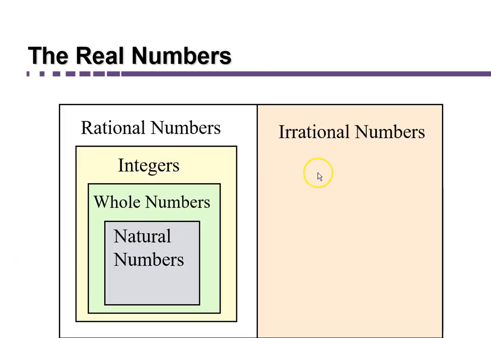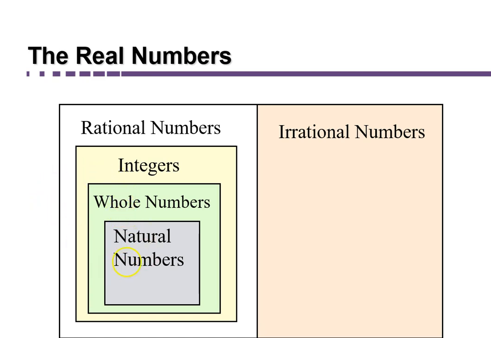Now, this is a picture that I actually have in your booklet once you get them, but if you wanted to sketch this in your notes, that would be fine. So what are the real numbers? Well, the real numbers are all of the numbers on the number line. And they include natural numbers, which are sometimes called counting numbers.